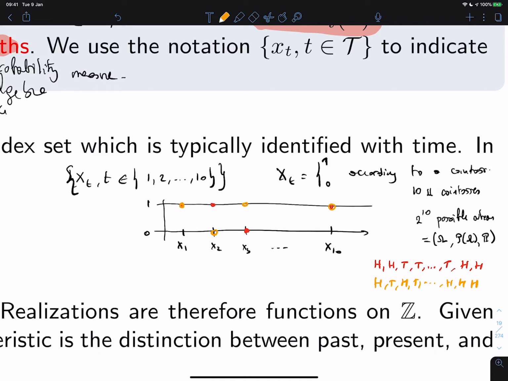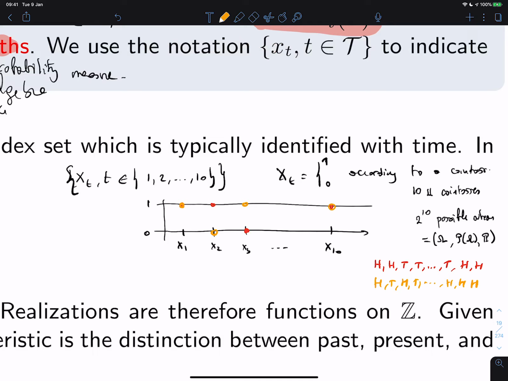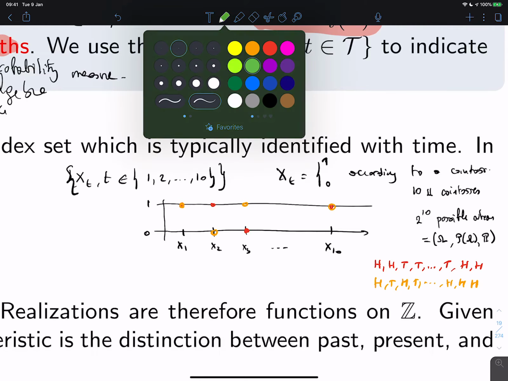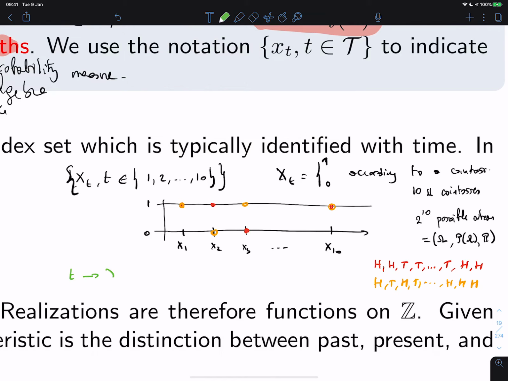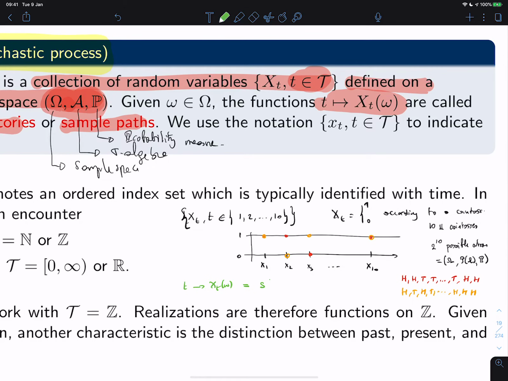For each possible realization, we have a different sequence of values, and the function which associates to t the value of xt evaluated on the omega, so either the orange or the red curve in my drawing, that is called an observation or a sample path.